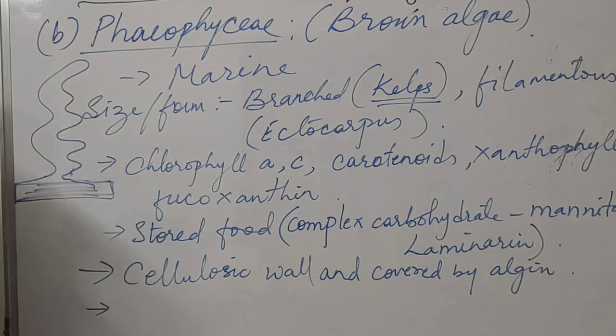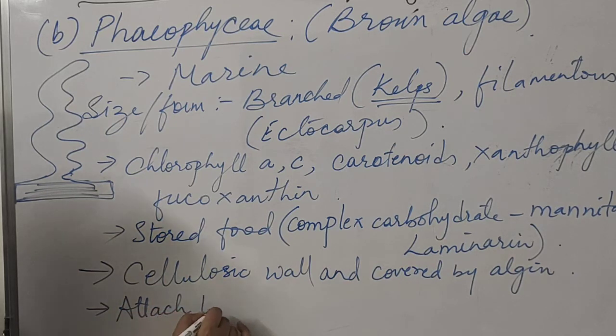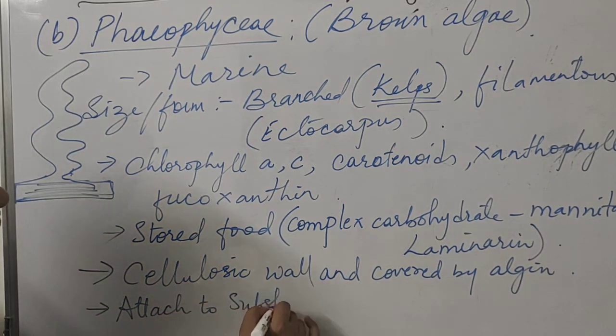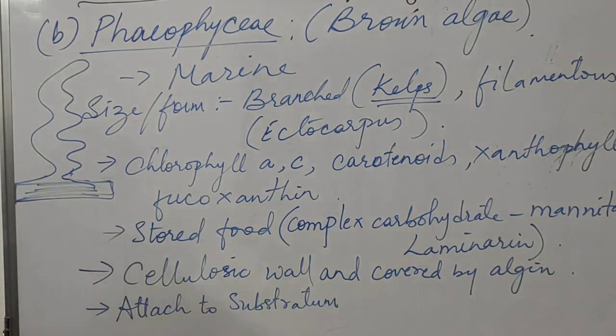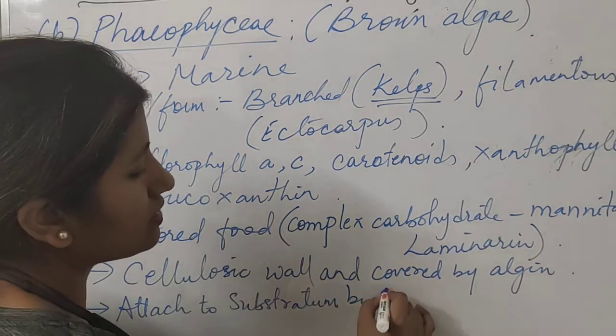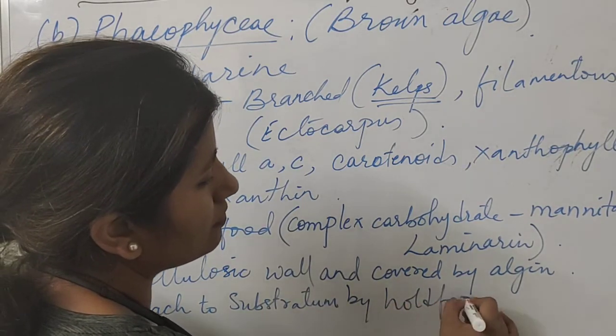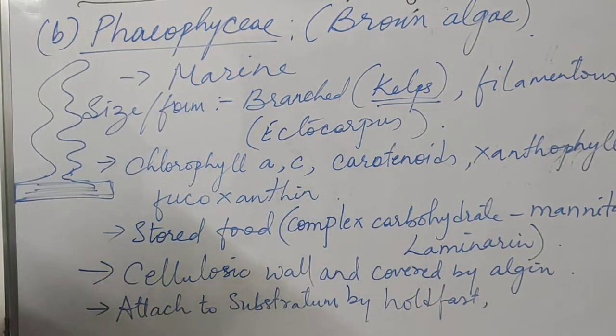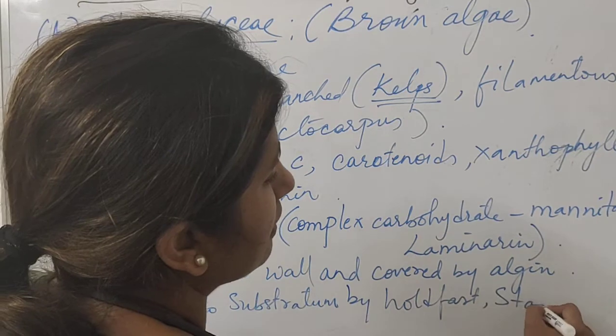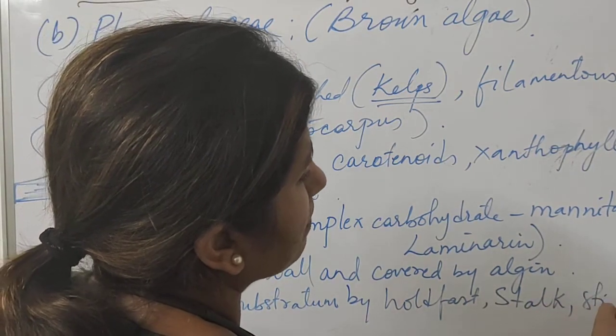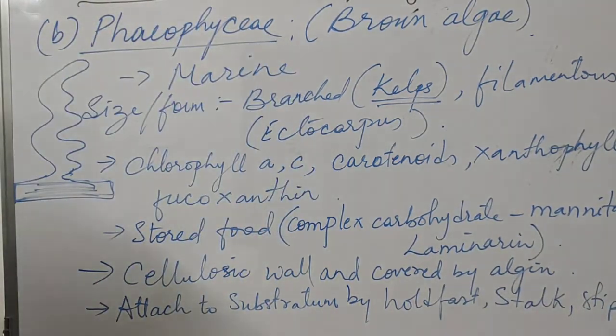That structure is called the holdfast. This alga can remain attached to the substratum, any substance, by the holdfast, and the stalk, or stipe, which bears a leaf-like frond.